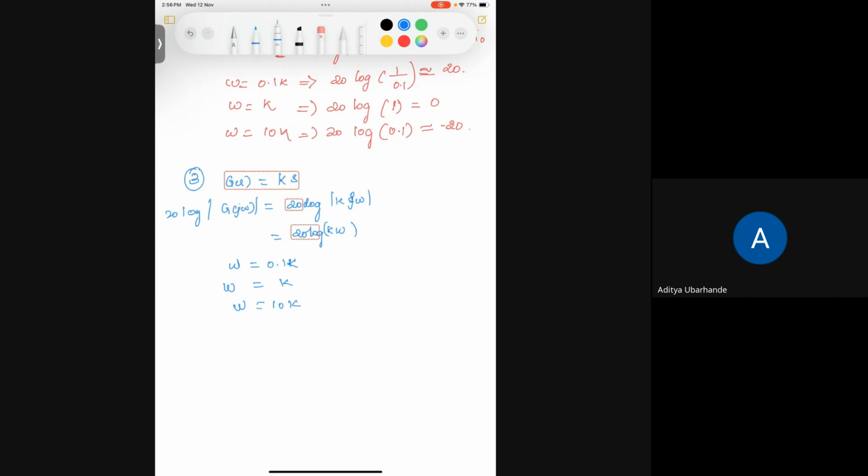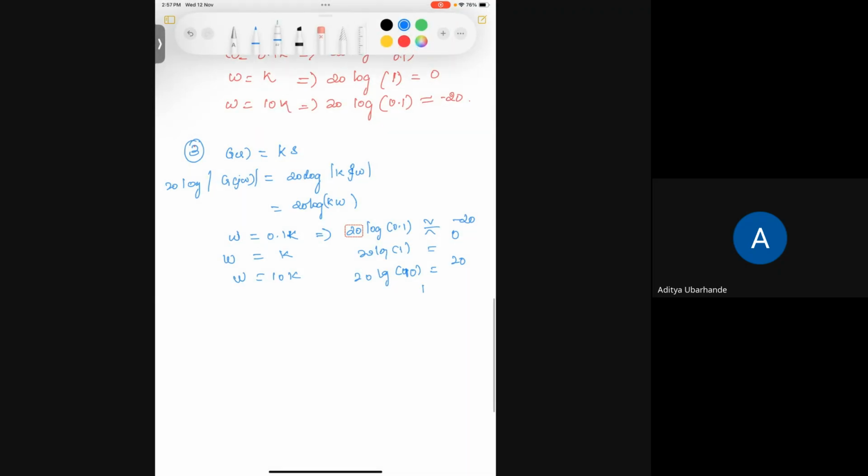Look at different intervals and you will find it. At omega equal to 0.1k it is 20 log 0.1, then 20 log 1, then 20 log 10. This is the inverse of what we calculated so far: minus 20, 0, 20. So your slope is inverted, and it will be 20 decibels per decade.